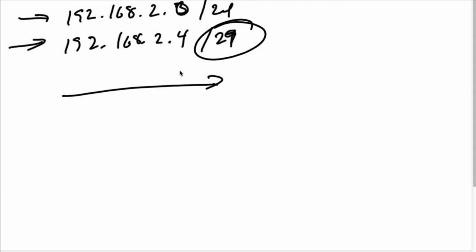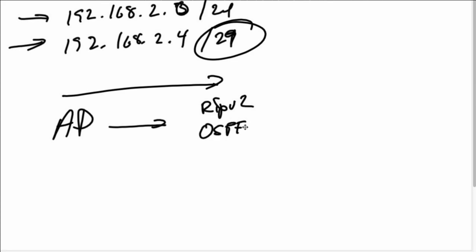The other element that we talked about was AD, administrative distance. Administrative distance is going to be the believability of the information that we learned from an IGP. So between OSPF, EIGRP and BGP, we have to understand that we have different values. RIP is going to have a value of 120 for its AD. OSPF, for internal prefixes, is going to be 110.